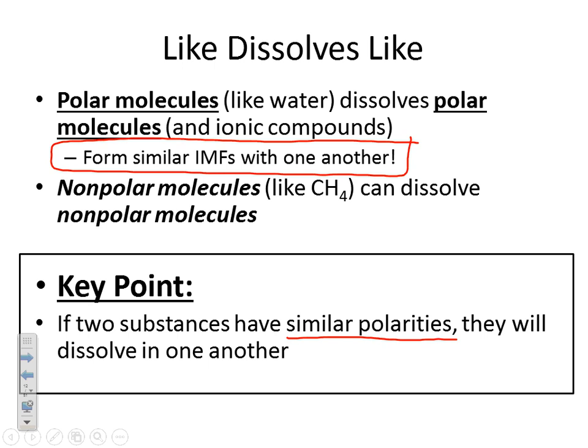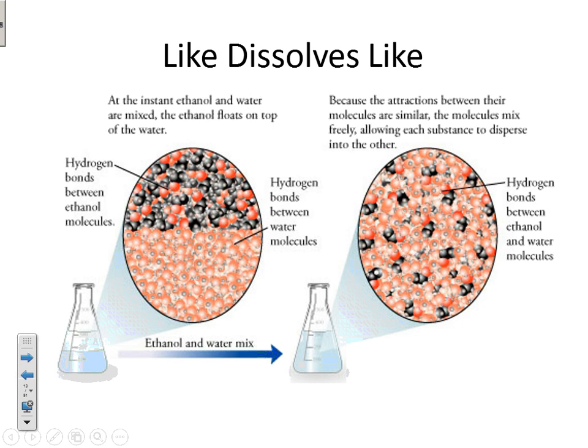And just looking at a picture of this a little bit more, this is ethanol in water. So this first picture says when we mix the ethanol in the water, we get an initial separation. Just because when you initially add them together, you're always going to get this initial separation. We have hydrogen bonding. Remember, that's H-NOF, and that's a super strong IMF.